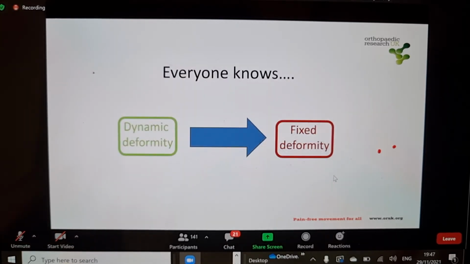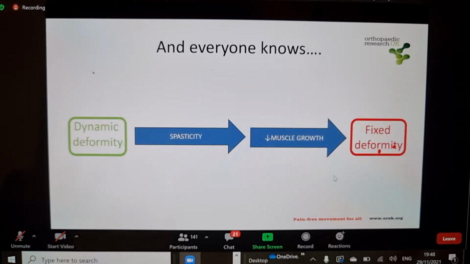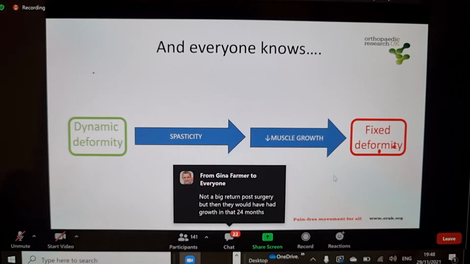So I want to talk about two ways of looking at orthopedic surgery and two ways that it might help these patients. So here's the traditional model. We know, do we not, that these patients start off with a dynamic deformity which becomes fixed. And the cause of the fixed deformity is restricted muscle growth. And the cause of that restricted muscle growth is spasticity.